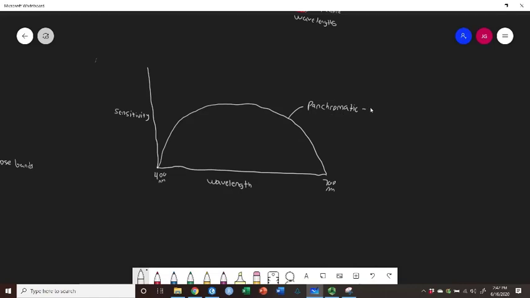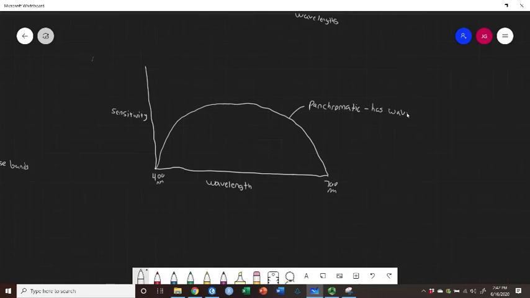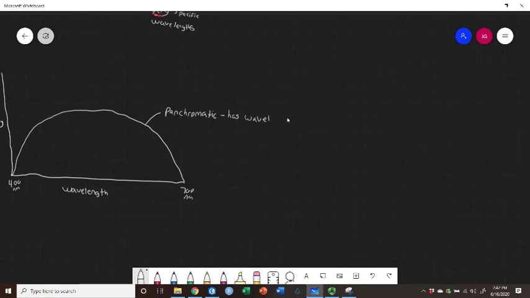It's one band and it has wavelength sensitivity across the visible spectrum. And that's the panchromatic that we were talking about.